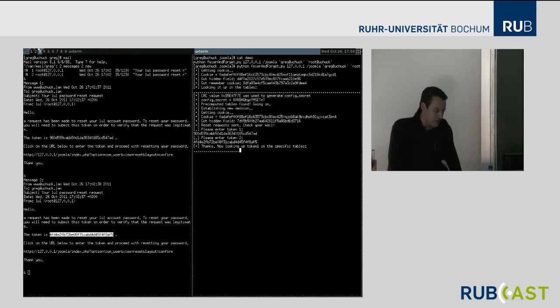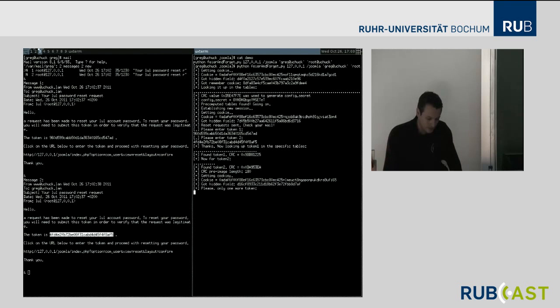So now it's looking up the cookies and the according CRC values in its tables. Okay, that was kind of fast. And currently it's doing the modular arithmetics to determine the length of the CRC pre-image, which was found to be 180 bytes.